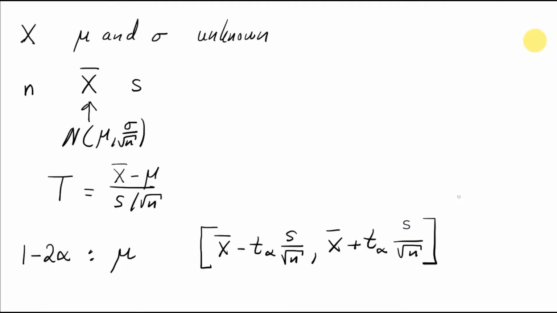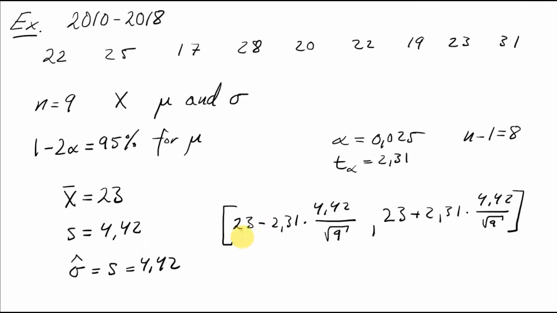If we put in our values, then we get this confidence interval, which is roughly equal to 20 to 26. So that means that with 95% probability, the true expectation value is between 20 and 26 lightning strikes per year on the Empire State Building.